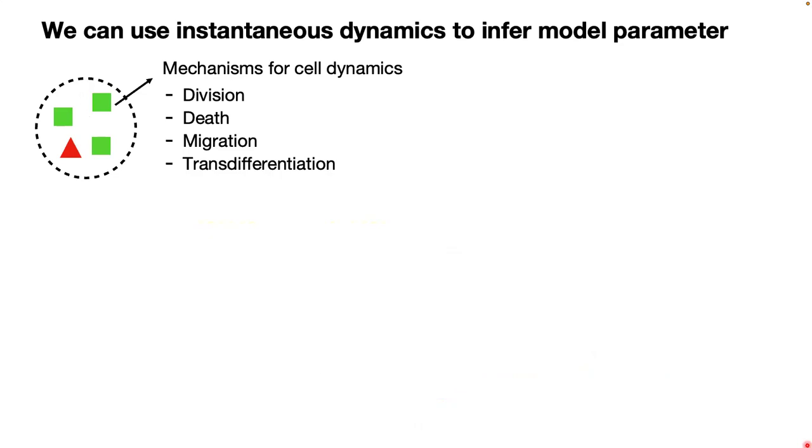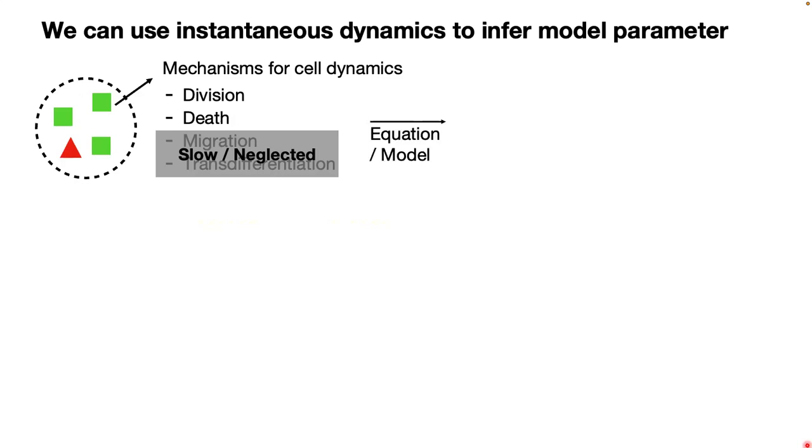But for this specific paper, they don't consider these last two mechanisms because they are very slow relative to division and death. So with these two mechanisms, they build an equation, very naturally writing down an equation corresponding to division and cell death.